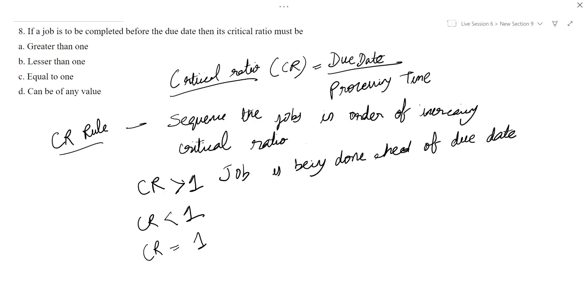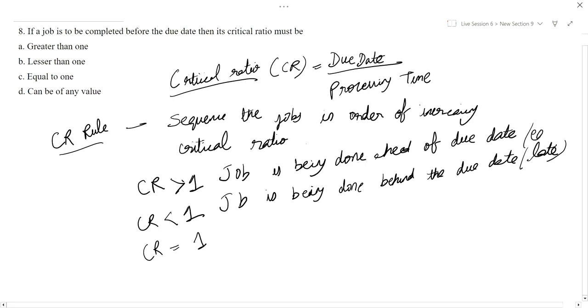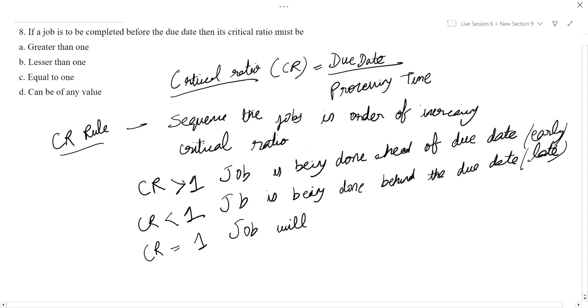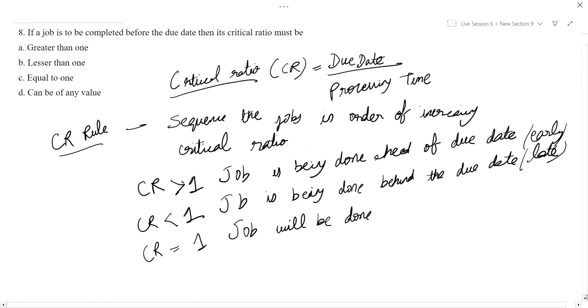If it is less than 1, job is being done behind the due date. That is, it is late. This is early. And equal to 1 means job will be done exactly on time.